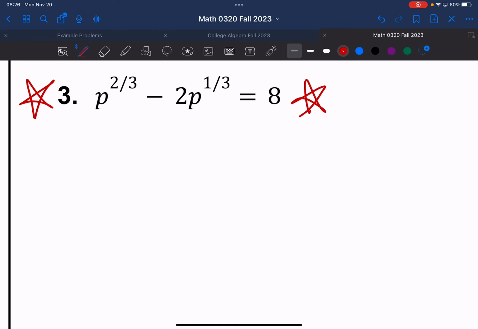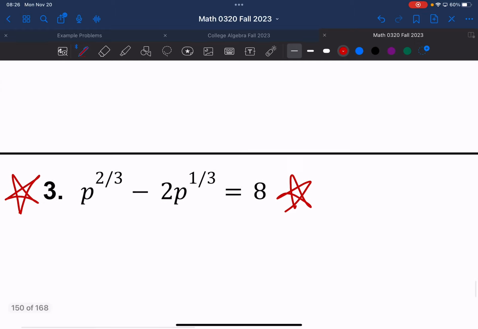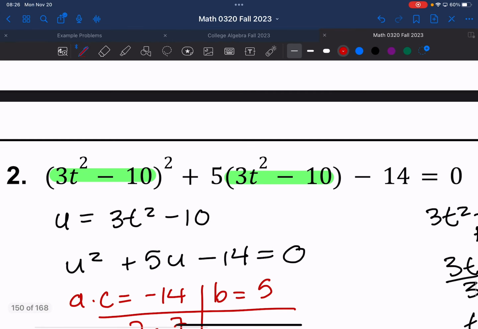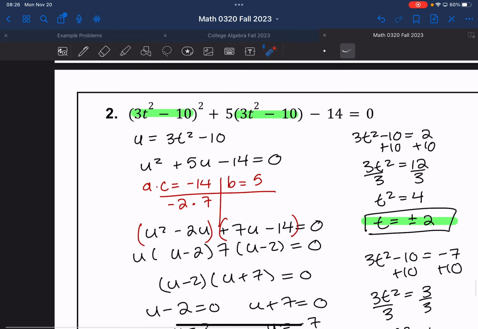Sometimes using substitution is not as obvious, and we're going to have to write this in terms of something that is being squared, and something that's being raised to the first power. So just like the ones up here, notice in the original problem we had something being squared, and then that same thing being raised to that first power. That's what we're going to have to do here.